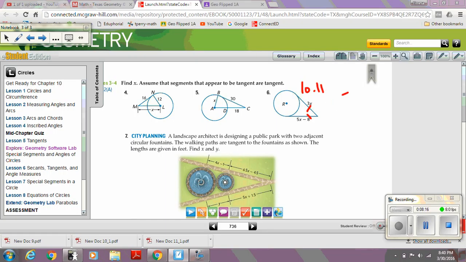So I can say 5x minus 8 equals 3x to solve for x. I would subtract 5x, which would leave me with negative 8 is equal to negative 2x, and then divide by negative 2 on both sides, and 4 is equal to x.